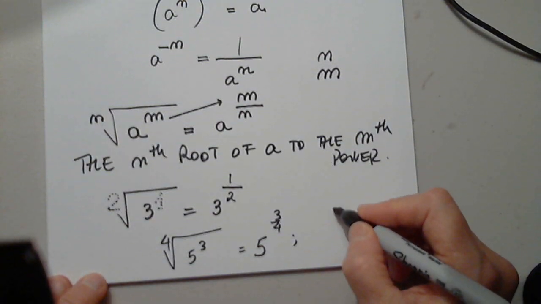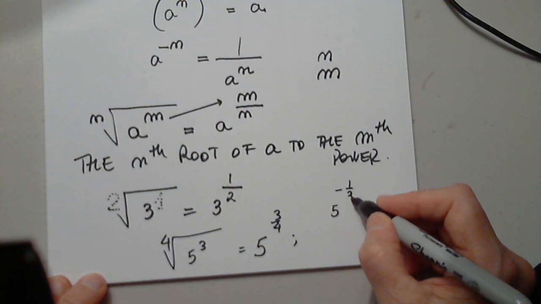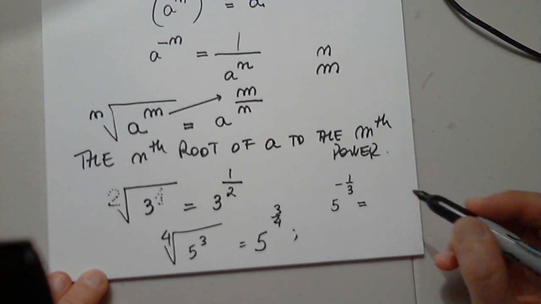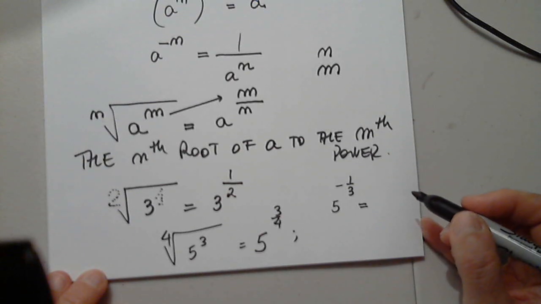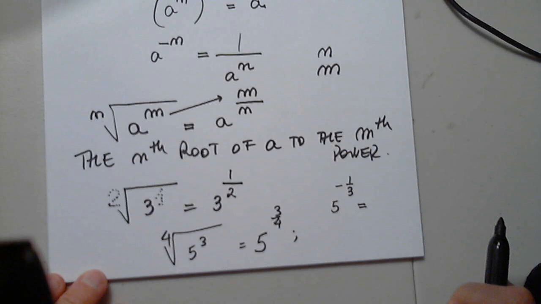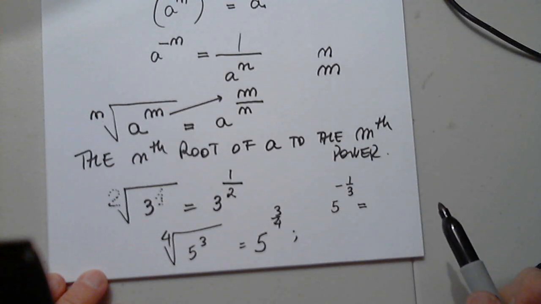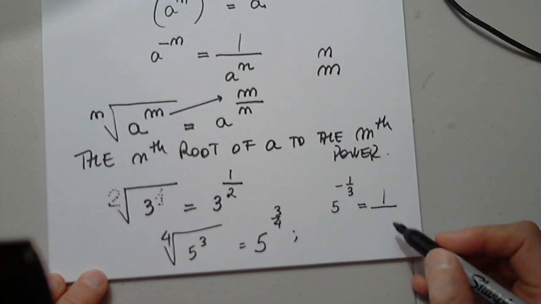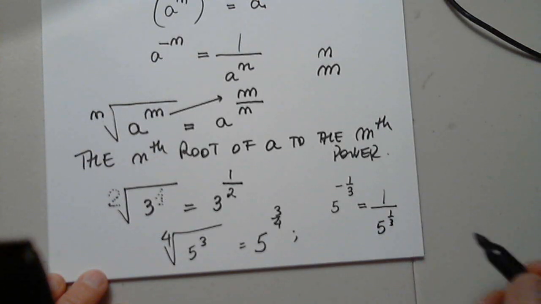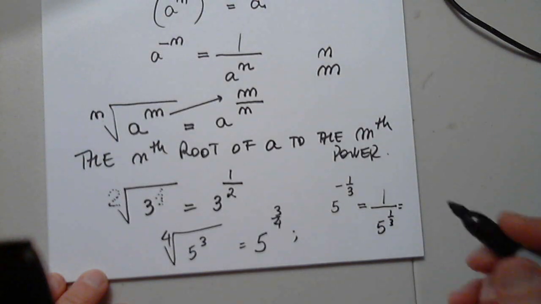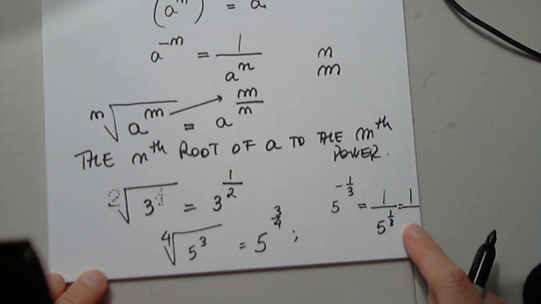Now let's try one in reverse. What if I have 5 to the negative 1/3? Let's address the negative power first, and then the fraction. What will you tell me to write first for the negative power? 1/5, 1 divided by 5 to the 1/3. Good. Now let's take care of 1/3.